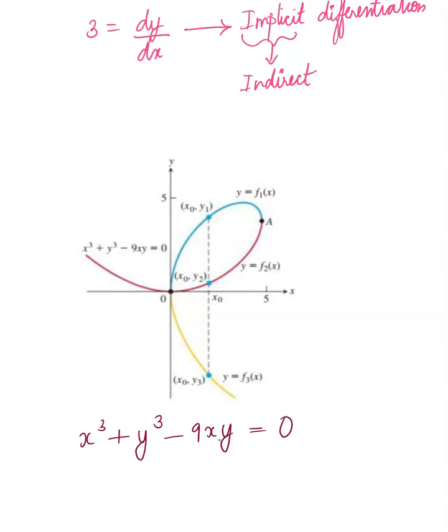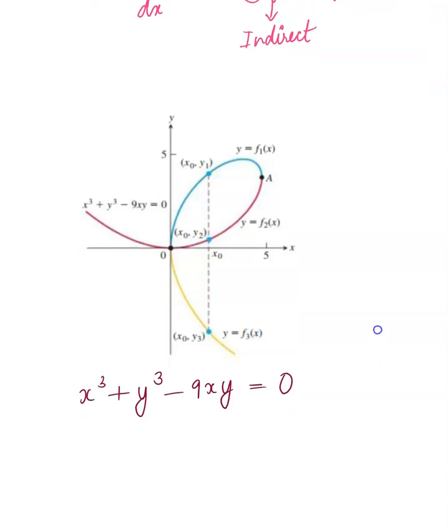So you will have to differentiate this implicitly like this. You'll have to, because you're differentiating with respect to x. X is the variable. So that will be 3x squared because that's directly x. But this one is y. So you'll have to say 3y squared, the chain rule, right? So 3 is the power. That's outside. This is inside. I say inside because y is not x. So you cannot directly get it.